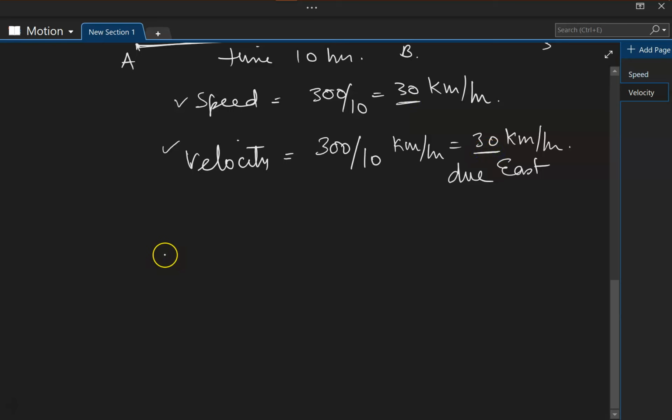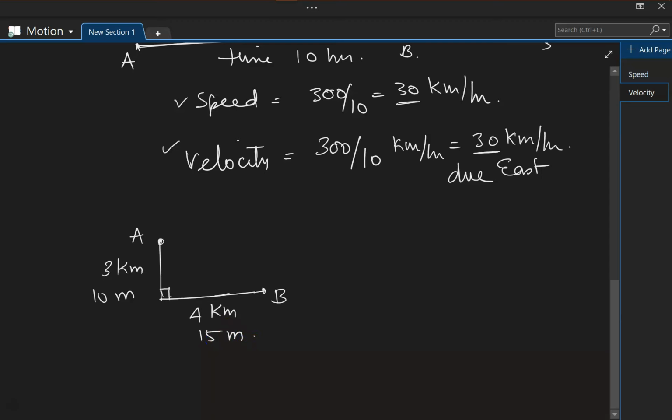So let's say you are at point A, you have to go to point B. Now the way you go is like this, and this is perpendicular. Here you take a turn at 90 degrees. This distance is, let's say, 3 kilometers, and you cover this in 10 minutes. This is 4 kilometers, and you cover this in 15 minutes.